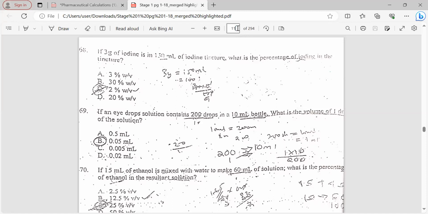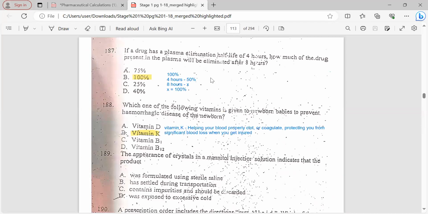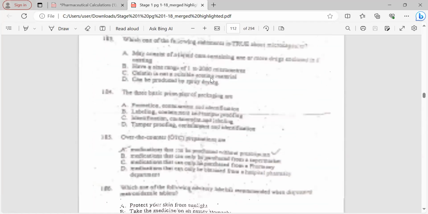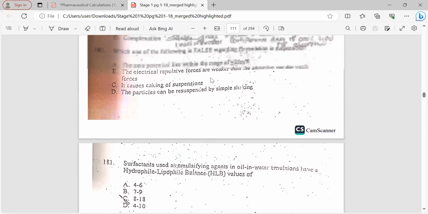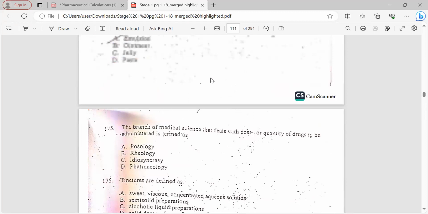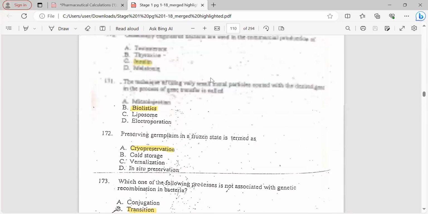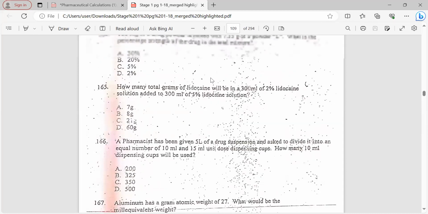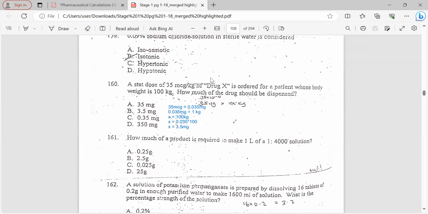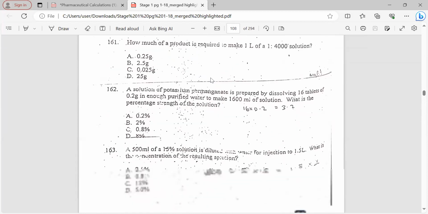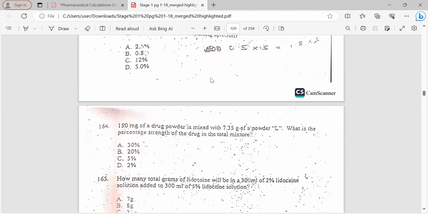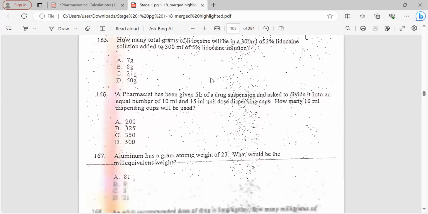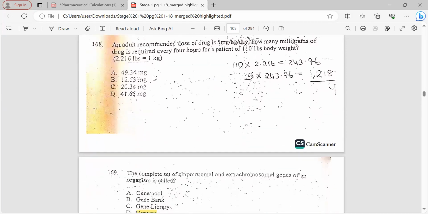Ndo hiyo ametext. I think ilikuwa number 160 something. Okay. Hiyo ya pound.